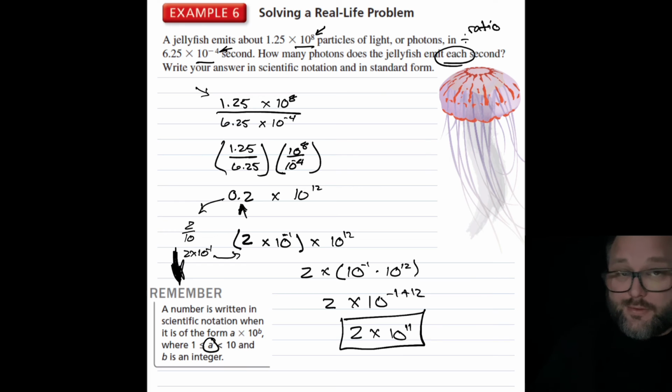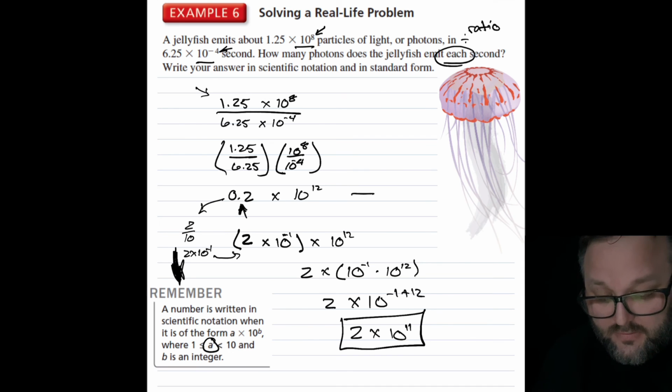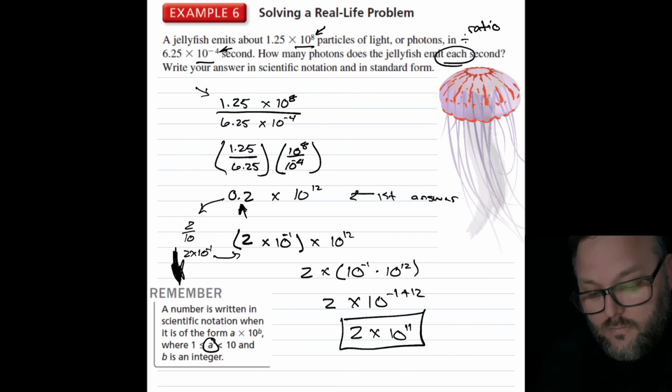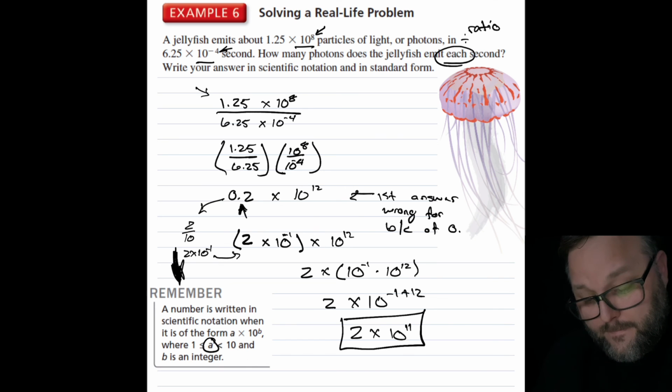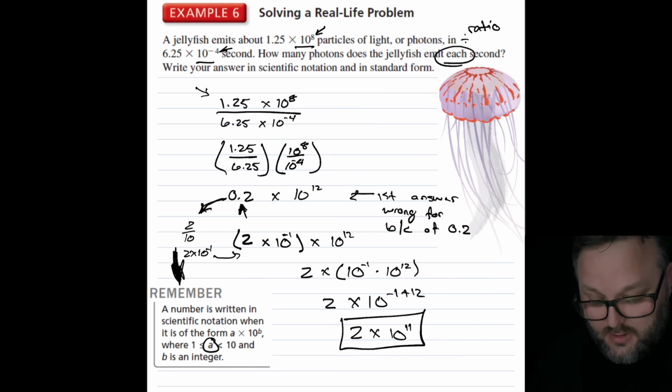So I got an answer, but it wasn't in the right form. So I had to keep going. I had to do something else to be able to get it in the right form. So this was the first answer, but it's not the right form. Because of a. So then I had to rewrite what a was, knowing that it's 2/10, which is the same thing as 2 times 10 to the negative first, because that's my rule.